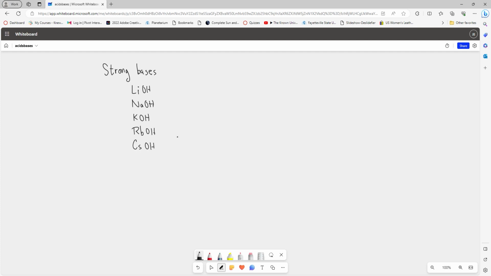Those would be the first column, the alkali metals. And then barium hydroxide, but barium's 2+, so you need 2 hydroxides. And strontium hydroxide. The ones above it, like calcium and magnesium hydroxide, they're not soluble enough to be considered strong bases. So those are the strong bases.